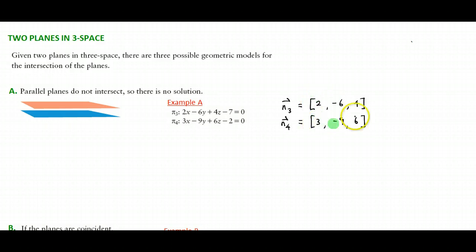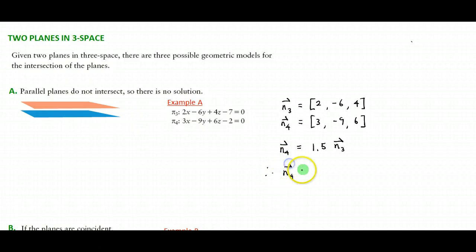So just by inspection, looking at the components of these two normal vectors, I can see that normal vector 4 is actually just 1.5 times normal vector 3. That means that it's a scalar multiple of normal vector 3, and if it's a scalar multiple, therefore the normals are parallel.